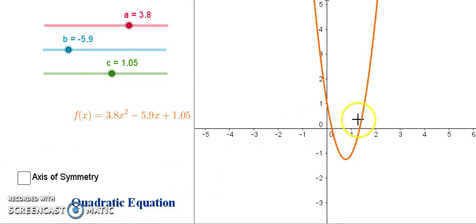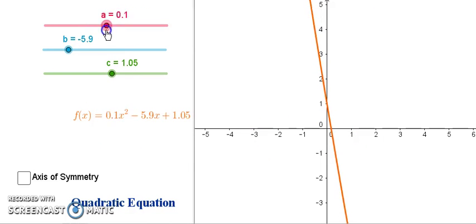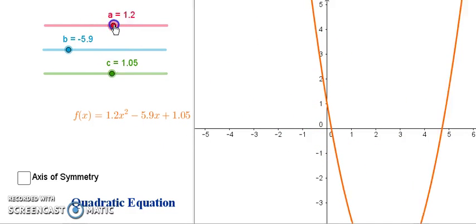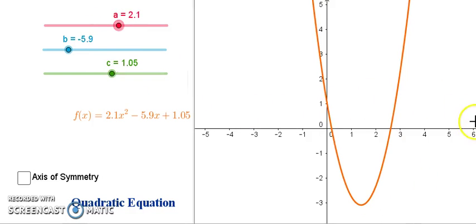The domain of any parabola is all real numbers. So to find the domain, I look at the x-axis here, and I can see that if I looked at this graph from further away, I would see that I could pick any x value to plug in here, and I'll get an output.